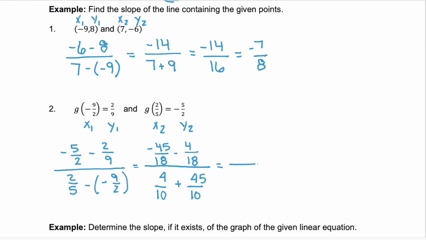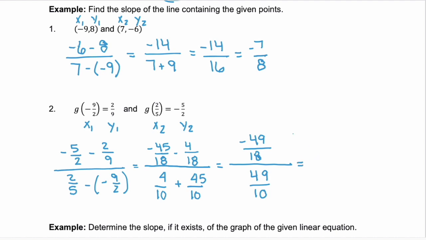Now that we have common denominators, let's simplify the numerator. We have negative 45 minus 4, which is negative 49 over 18. And the denominator is 49 over 10.